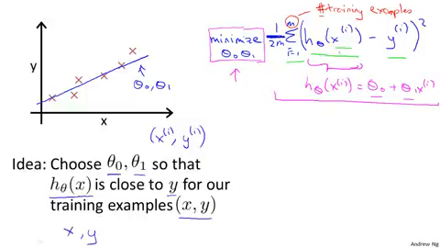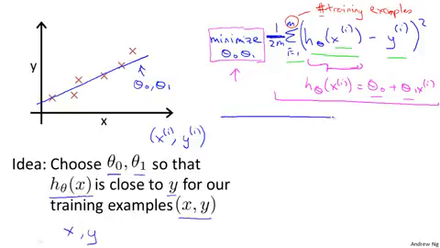so that the average, or really 1 over 2m times the sum of squared errors between my predictions on the training set and the actual values of the prices on the training set, is minimized. So this is going to be my overall objective function for linear regression.